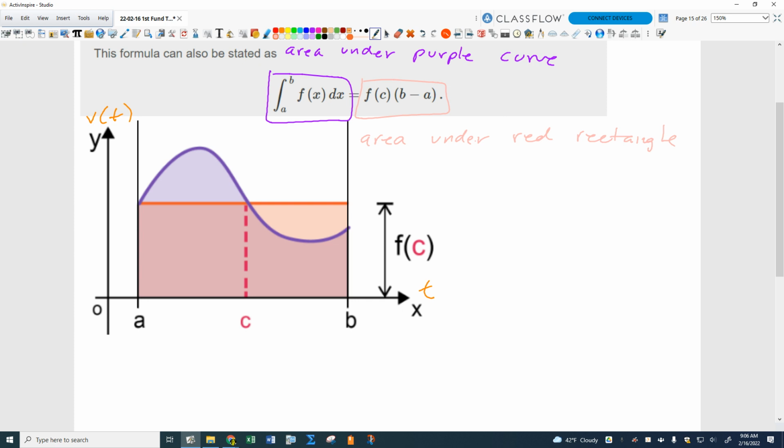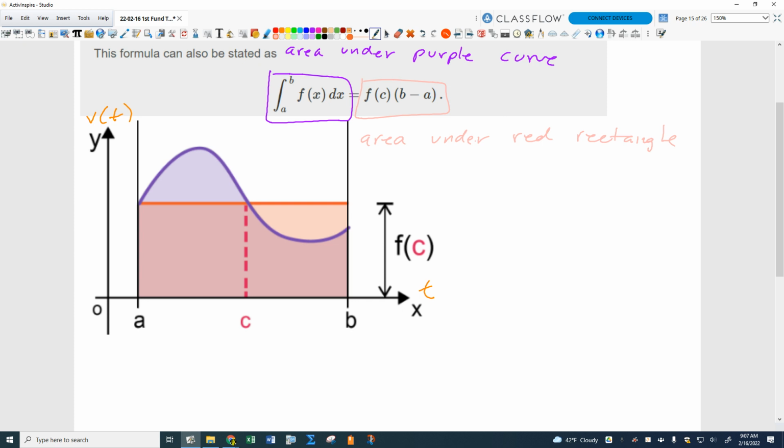And so if I want to calculate the average value, well, if I'm setting up this height so that those two areas are equal, I could just solve for f of c, right? Wouldn't the area under the red rectangle just be the total area, which is the same thing as the integral? We just defined it that way, right? Blue area and red area are the same, but this is a calculable area because we presumably know the function and we know the limits, right?